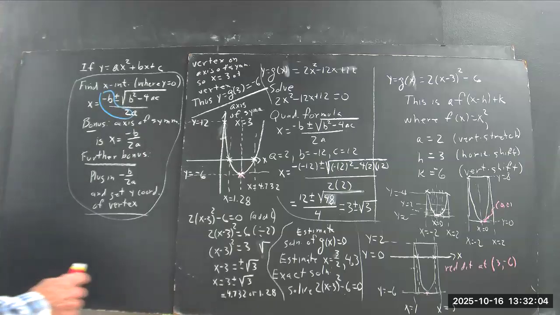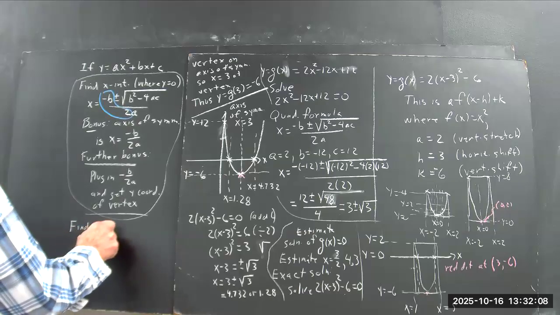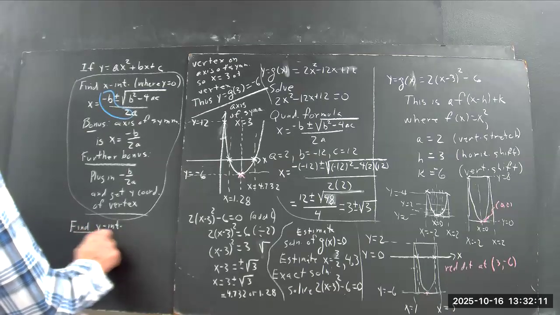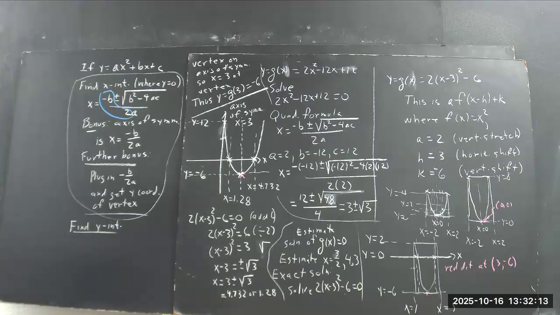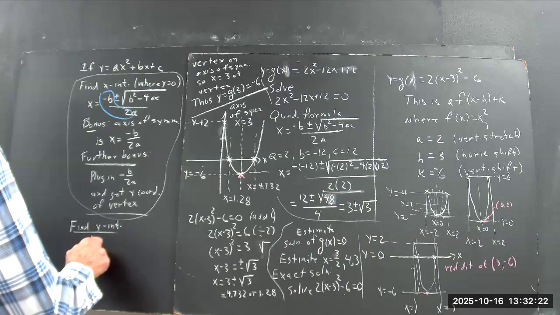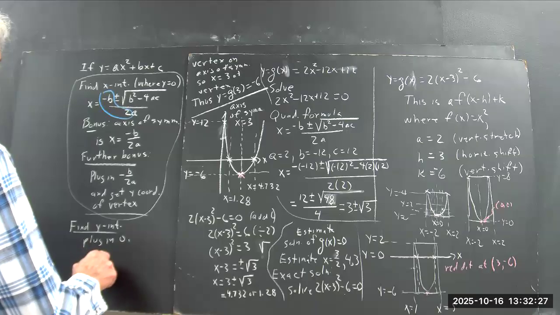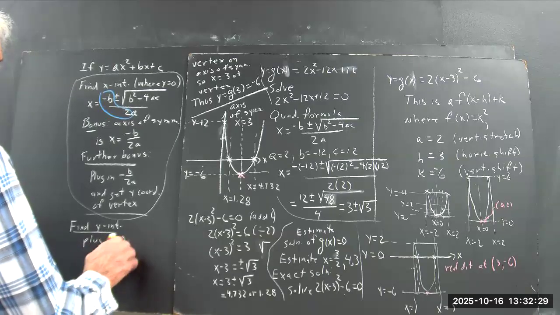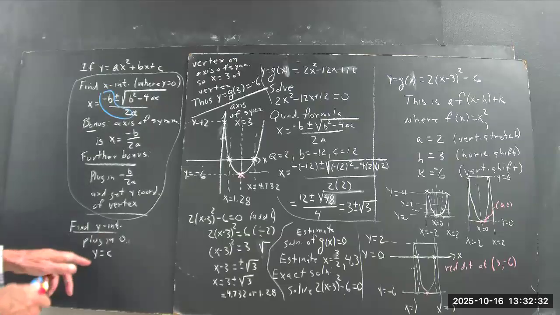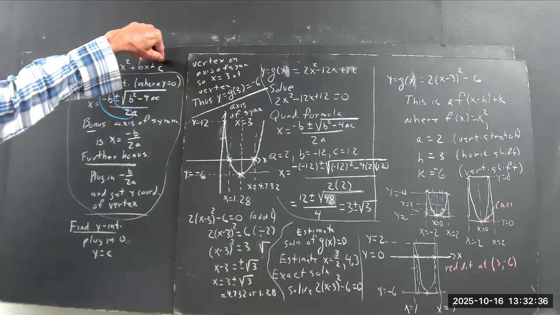Well, what else can you do? Well, find the y-intercept. That's easy. Plug in 0. This is 0, this is 0, so y is c, whatever that number happens to be.